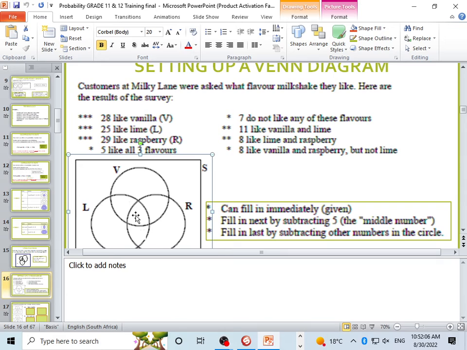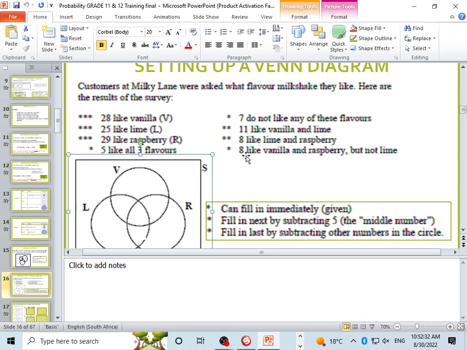Okay, now let's think about this. How would you use the 11 like vanilla and lime? Vanilla and lime. If you look at the stars here, do you see they put a single star here by 8 like vanilla and raspberry but not lime?